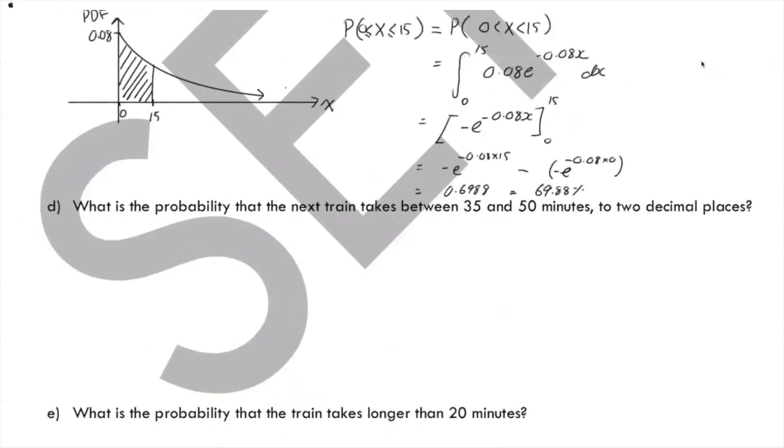Okay, what about the next one? What is the probability that the next train takes between 35 and 50 minutes?